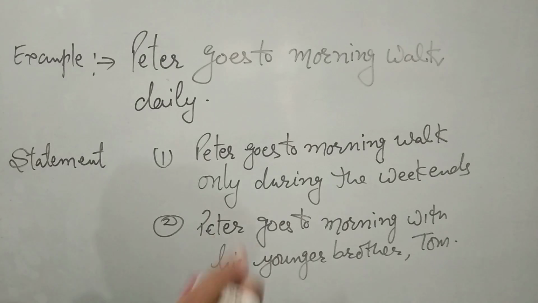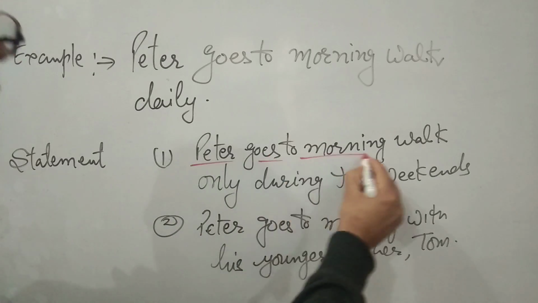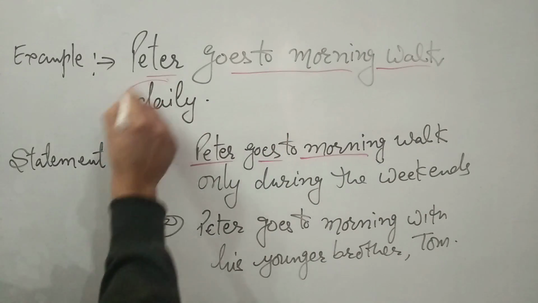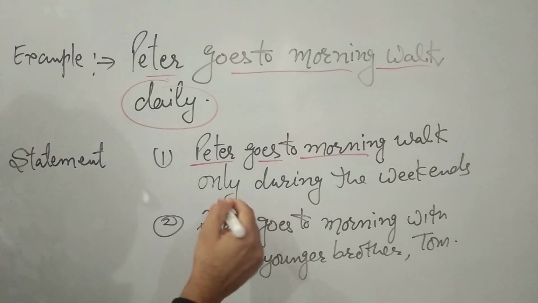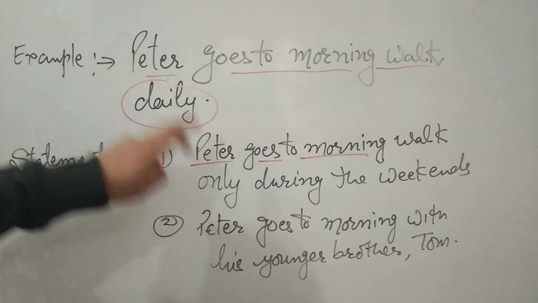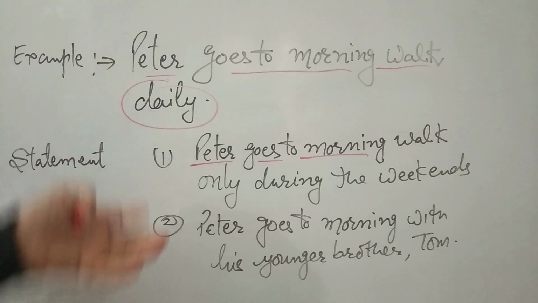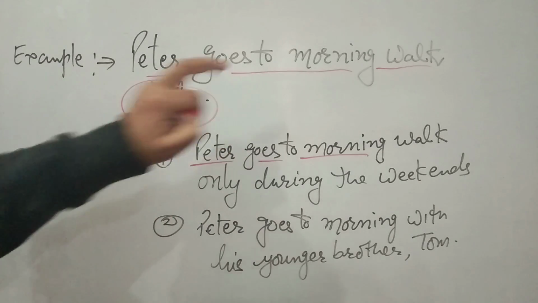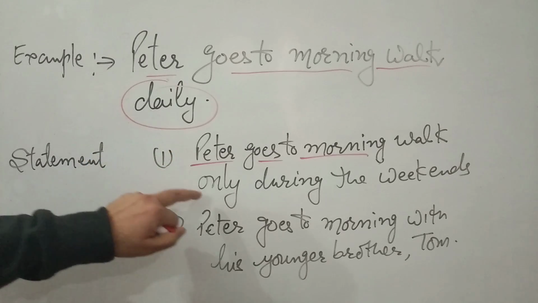So Peter goes to morning walk, okay. It says daily, and here it says only during the weekends. Our subject matches, verb matches, but there are certain parts which do not match, like only during the weekend.